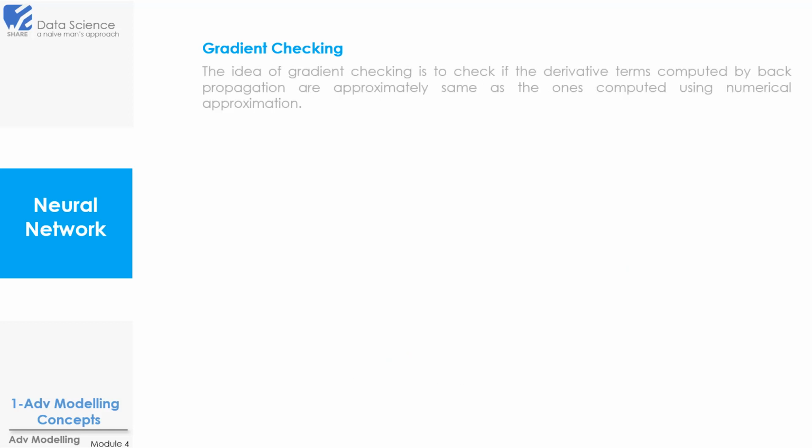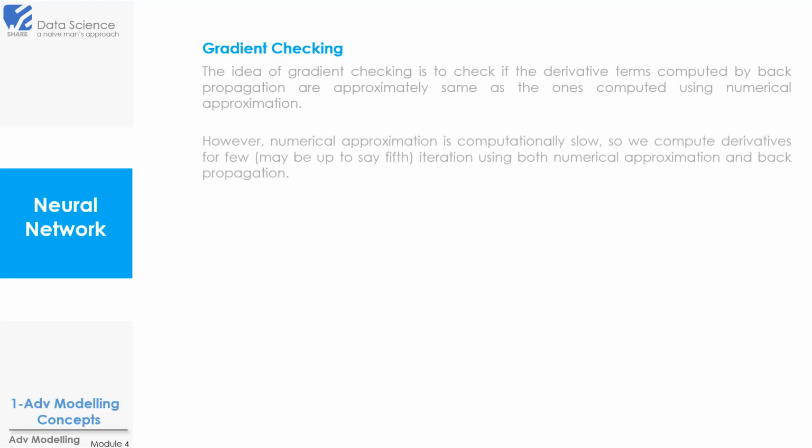Now the idea of gradient checking is to check if the derivative terms computed by backpropagation are approximately same as the one computed using numerical approximation. However, numerical approximation is computationally slow. So what we do, we compute derivatives for few iterations. Let's say maybe up to 5th iteration.